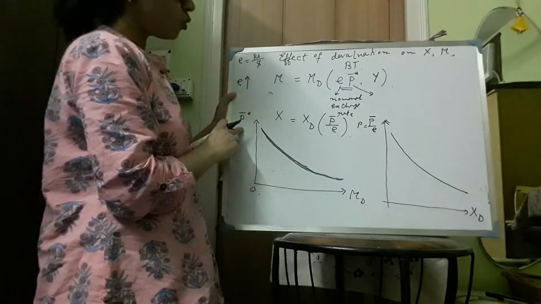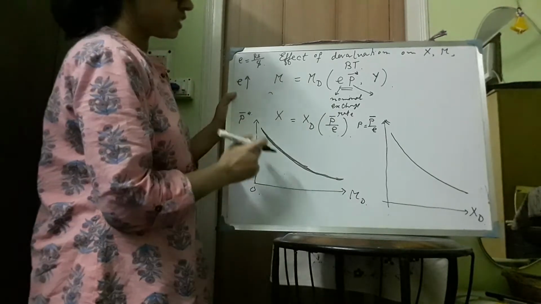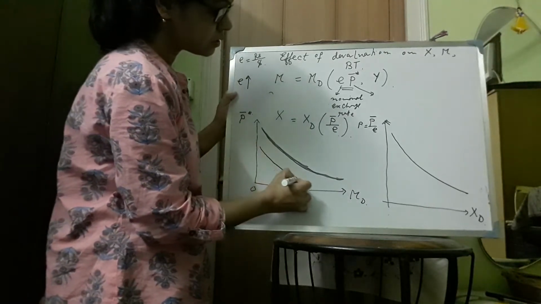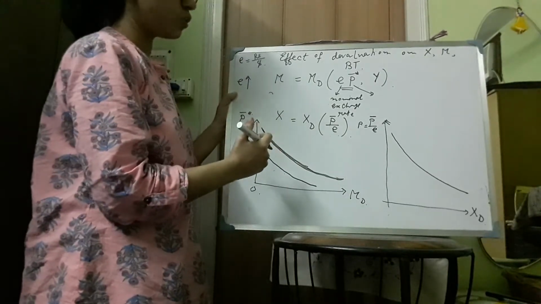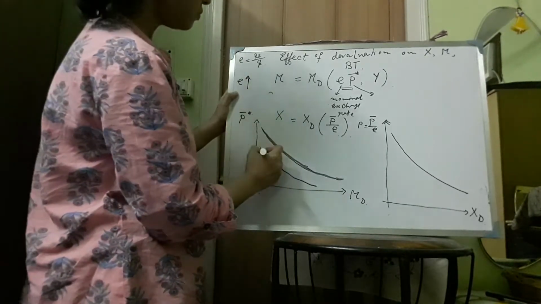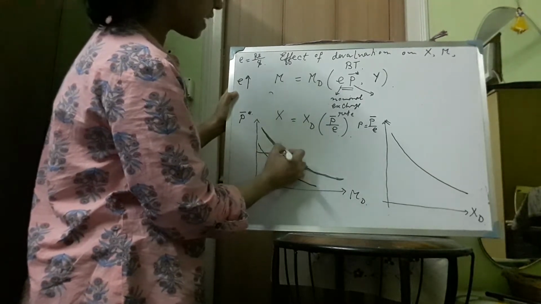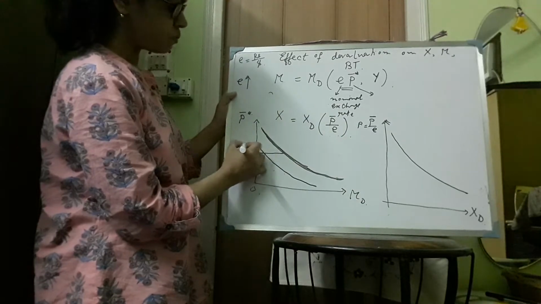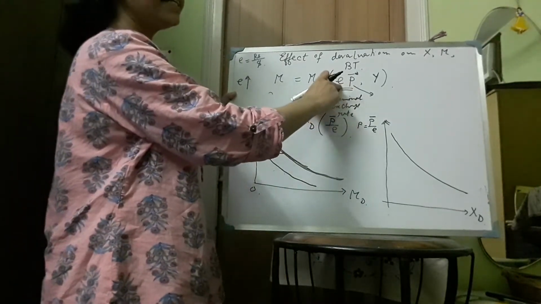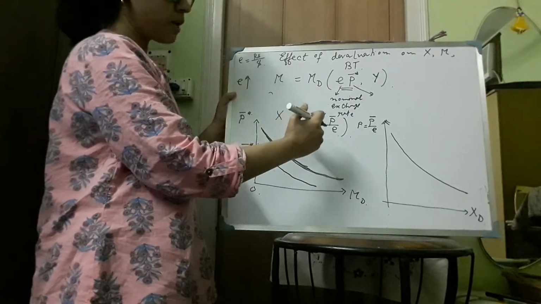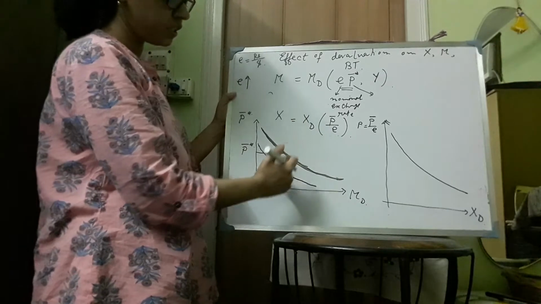But there is no E on either axis, so there will be a downward shift of the import demand schedule. There is no change in P bar star, only E is rising, and that is why the demand schedule is shifting downward.